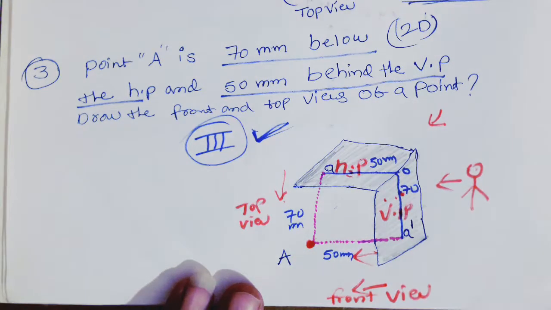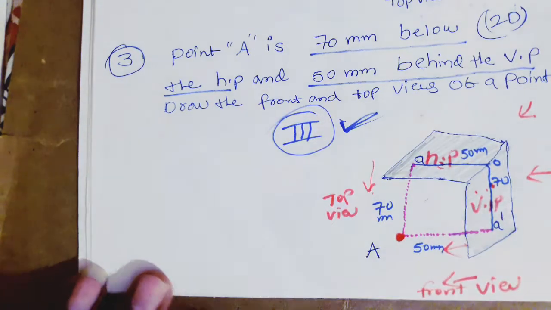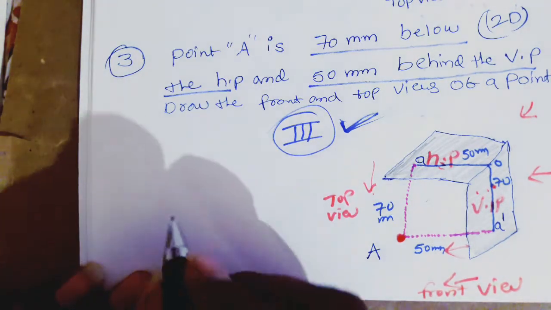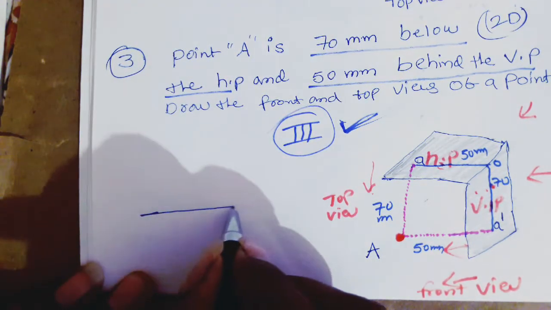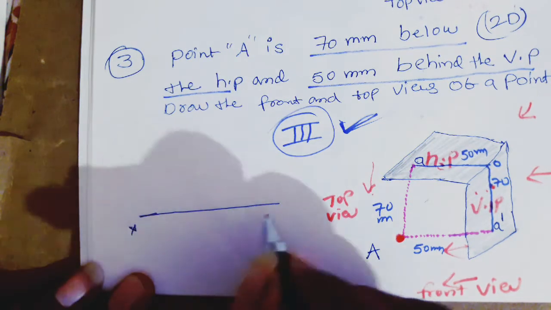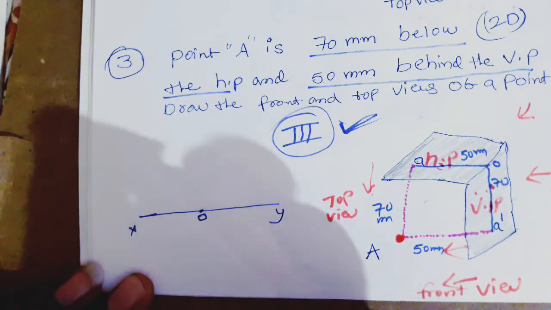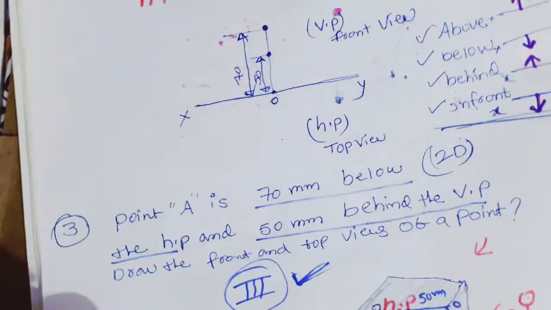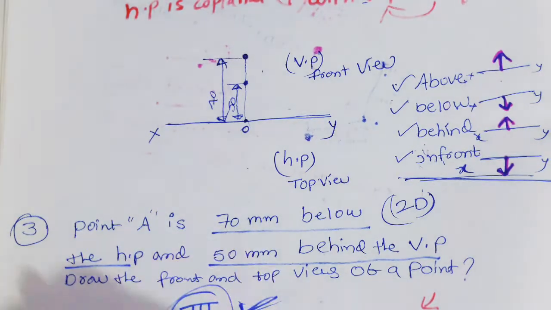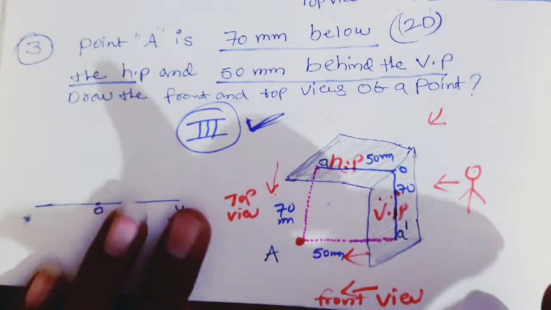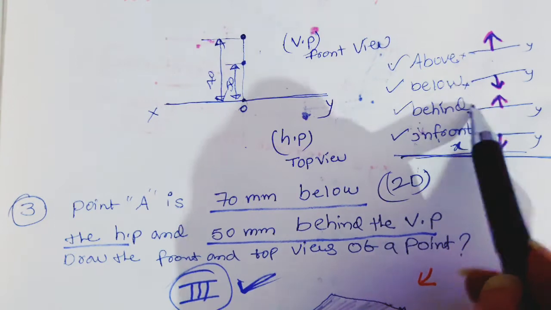Now how to draw in 2D? Draw X and Y. Locate O. So what I told you? If you will not imagine these things, try to blindly follow these rules.